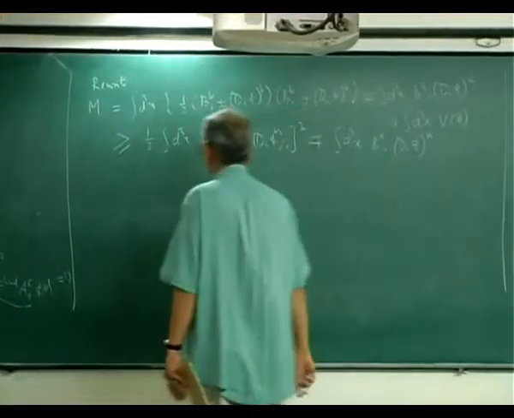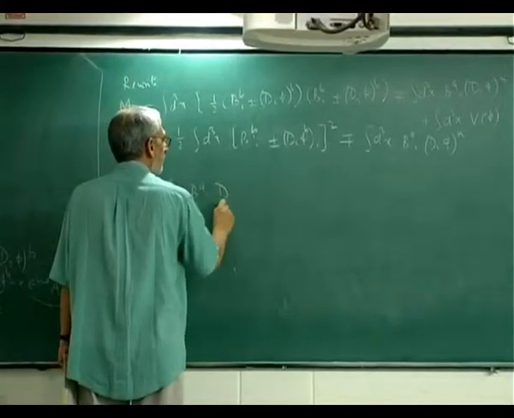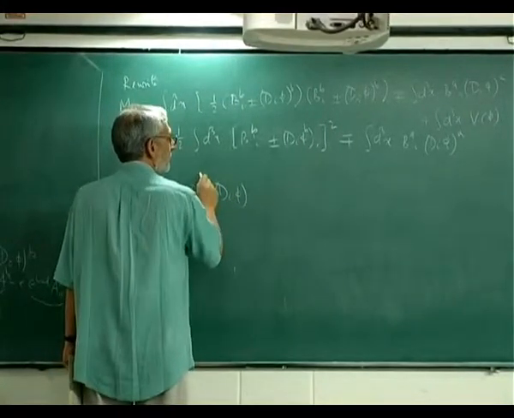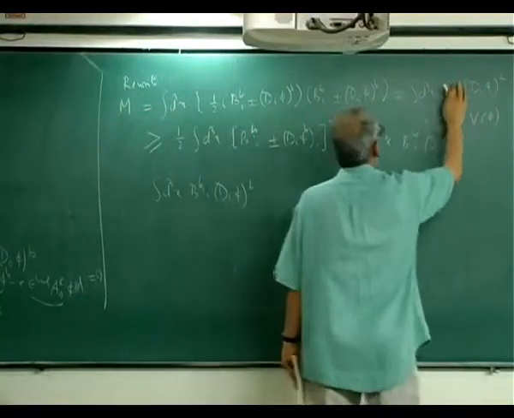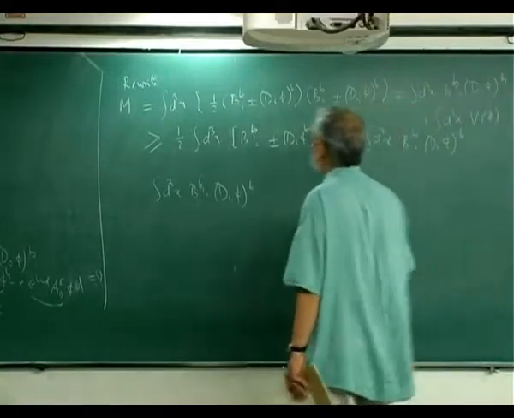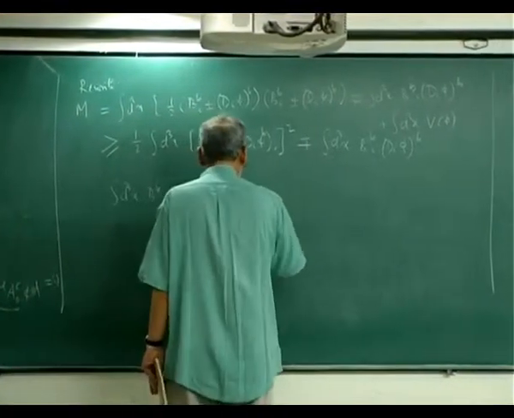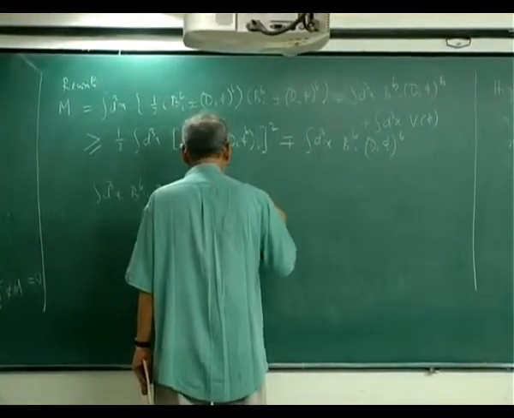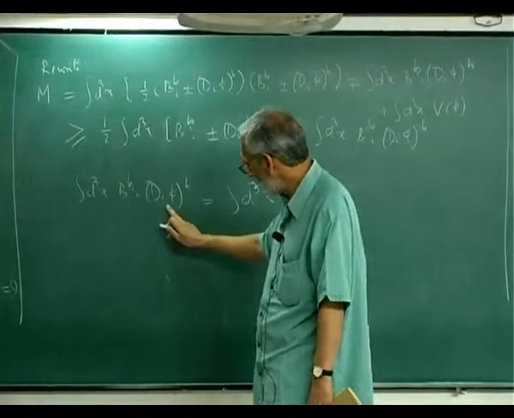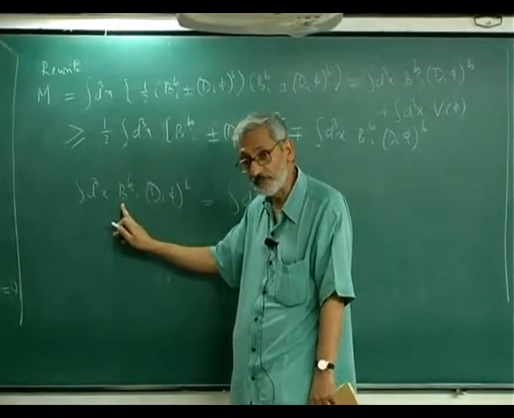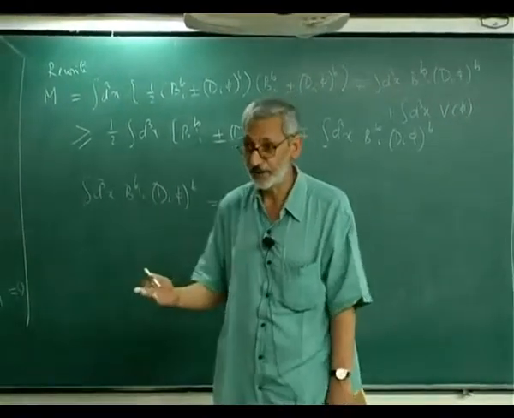Now look at this term, the integral d3x of B_i times the covariant derivative of phi. This is a covariant derivative on phi. I can do partial integration. And the nice property of covariant derivatives is that under partial integration they behave like ordinary derivatives.